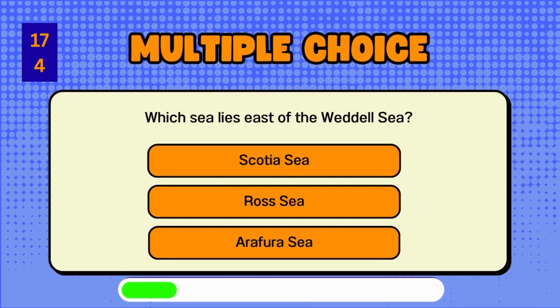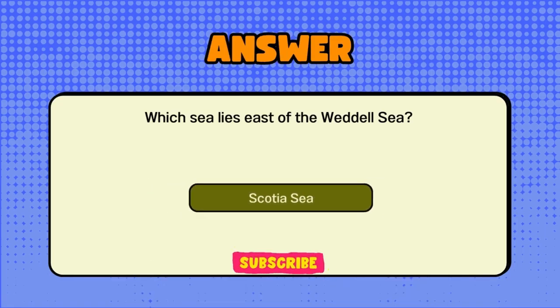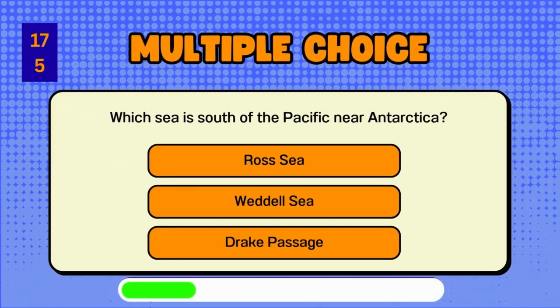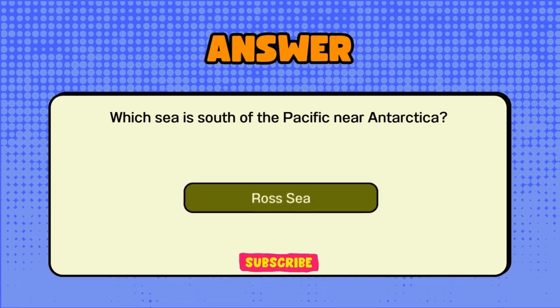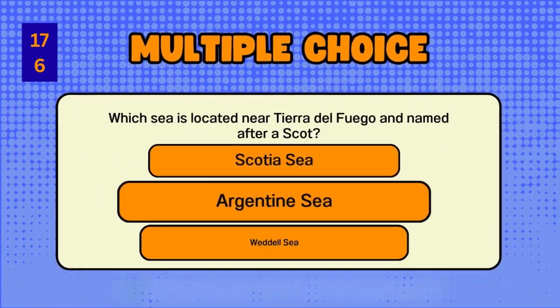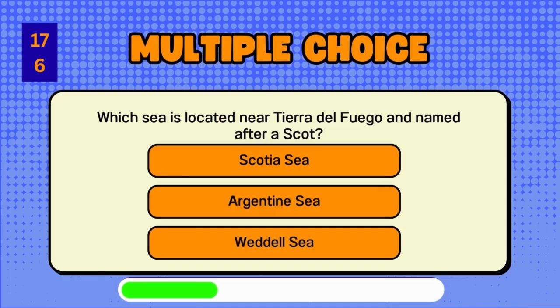Which sea lies east of the Weddell Sea? Which sea is south of the Pacific near Antarctica? Which sea is located near Tierra del Fuego and named after a Scot?